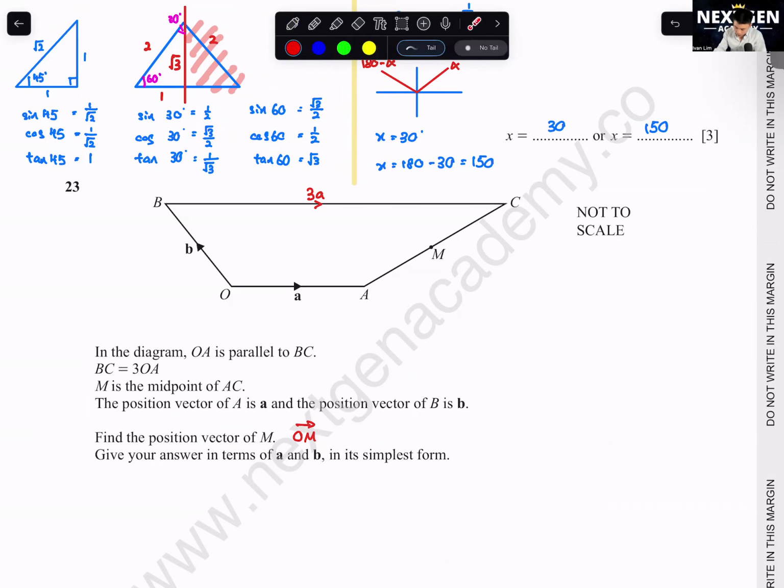Okay, what we have to see is what we have over here. How to get from O to M. It's either we go OB, BC, CM, or OA, AM. Okay, I think OA, AM is faster, right? What do we not have, and what do we need to find first?